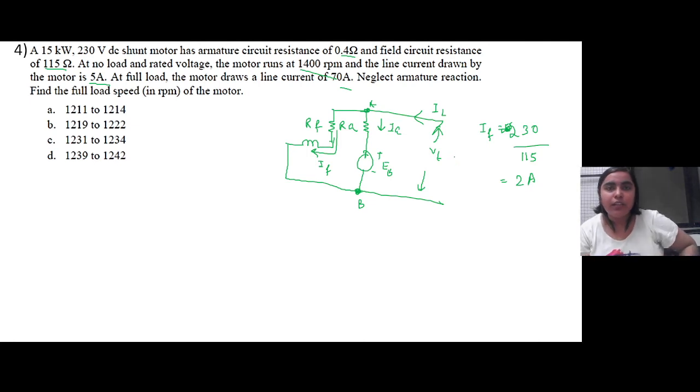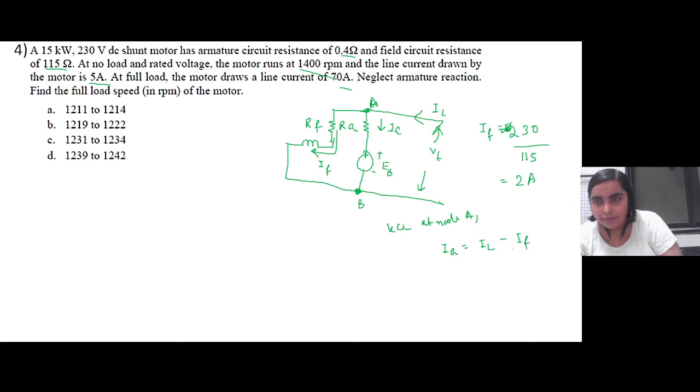Now, at no load the line current, not the load current, that is getting drawn is 5 ampere. So this line current is 5 ampere at no load. If we apply KCL at node A, the armature current is equal to the line current minus the field current.